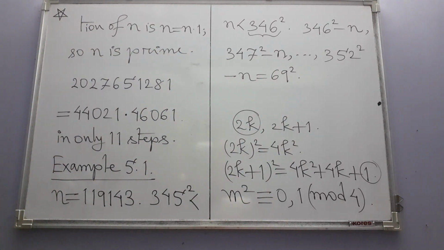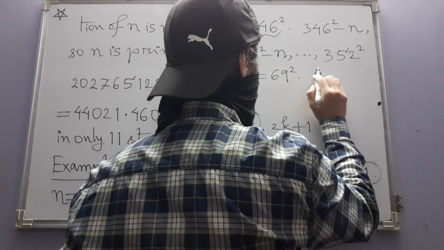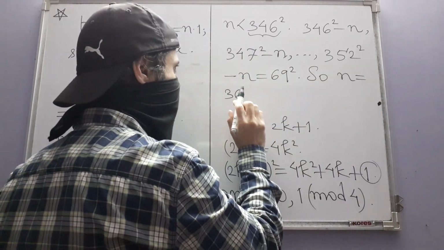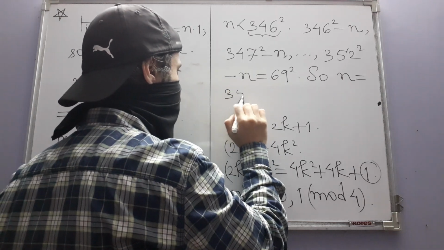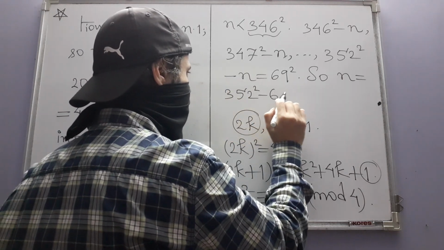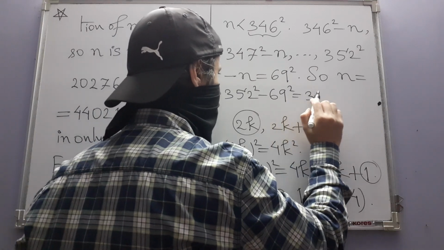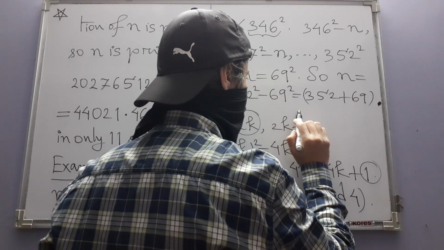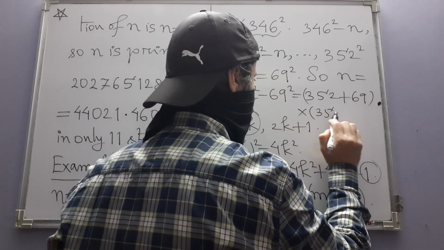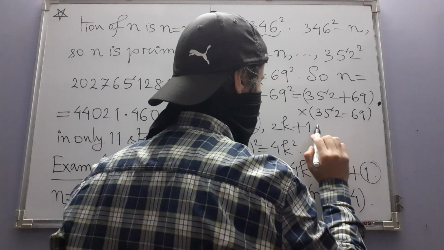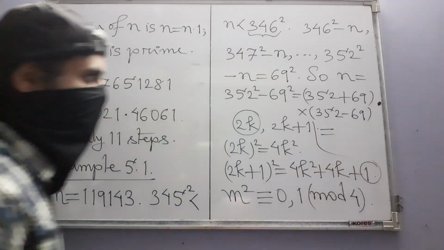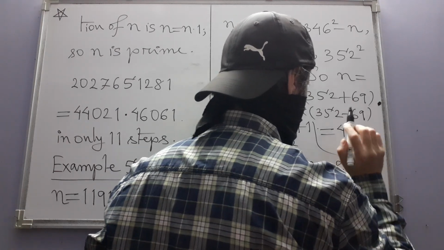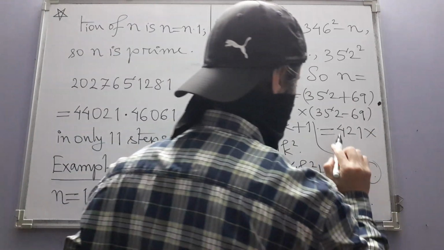Using this equation, we get n equal to 352 square minus 69 square, or 352 plus 69 times 352 minus 69, and this turns out to be 421 times 283.